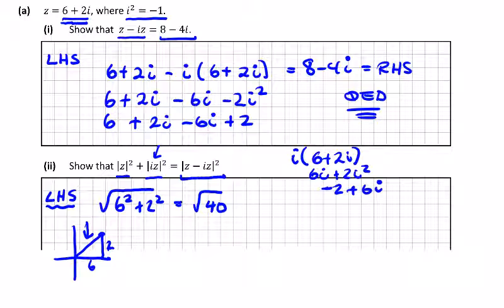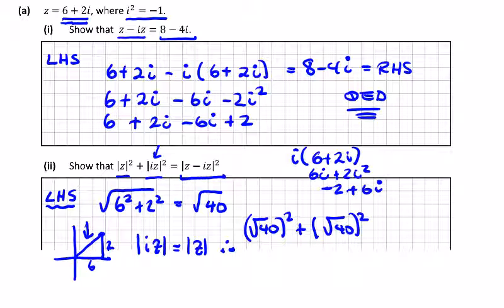The modulus of this is still a 2 and a 6. The modulus of iz is equal to the modulus of z. Therefore, we're going to get root 40 squared, this is the left hand side, plus root 40 squared, which is 40 plus 40, which is 80. And that's my left hand side.